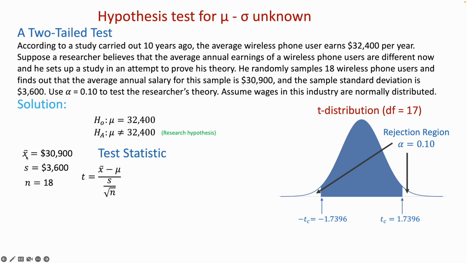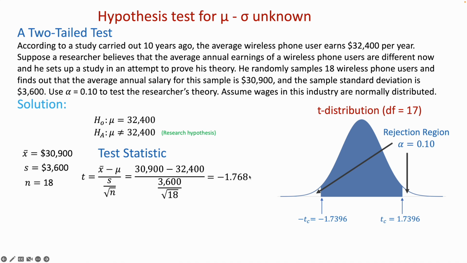We have the mean, the standard deviation, and the sample size. Mu equals 32,400. So let's substitute each of these values: 30,900 here, mu equals 32,400, 3,600 the sample standard deviation, and n equal 18. Using a calculator, I have already done this, and I get that this value is negative 1.768.